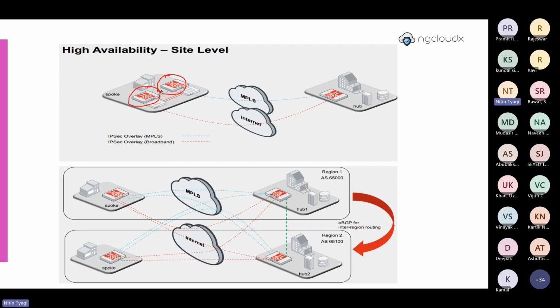If one box goes down, then the other box takes over and operations can be resumed. On hub level, if any hub is down, if a particular site is gone, then these folks can communicate to another hub, that is your DR site. And we have the P2P link connectivity.